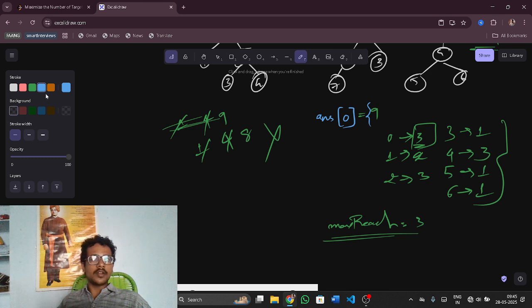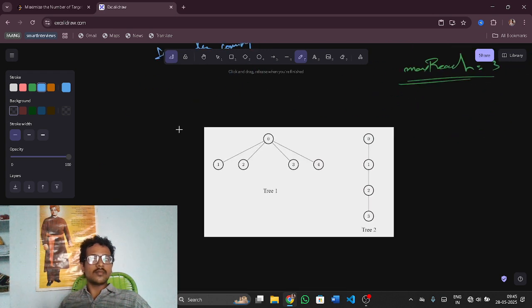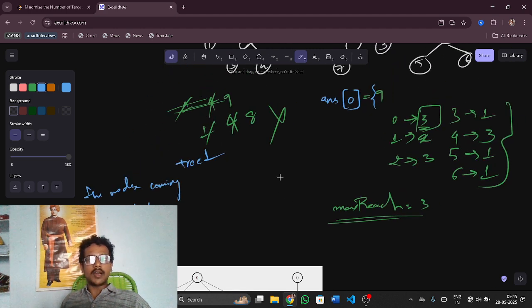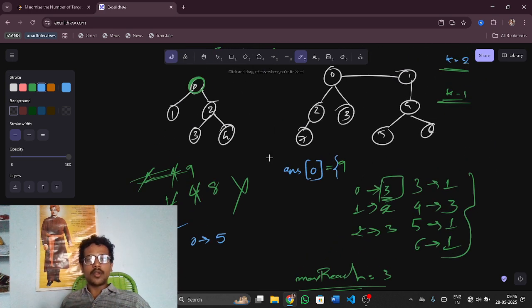For tree 1, the nodes coming under a distance of k, right? For node 0 there are 4, but no, there are 5. Why? Because the node itself is also considered with a distance of 0. So there are totally 5 nodes.